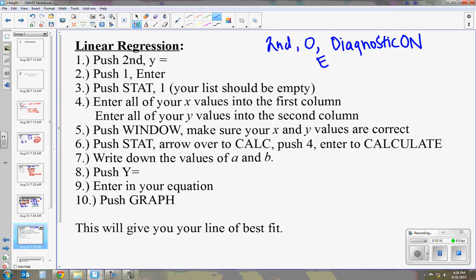And then push enter. And your screen will say done after that. If you do not do these steps, then you will not get the correlation coefficient, okay?